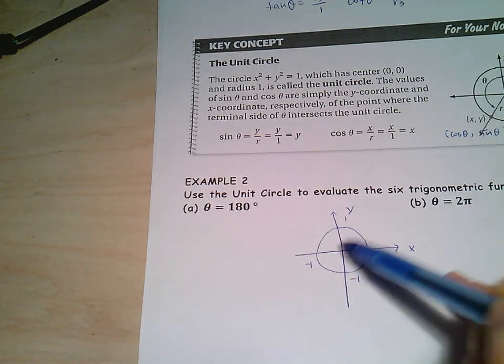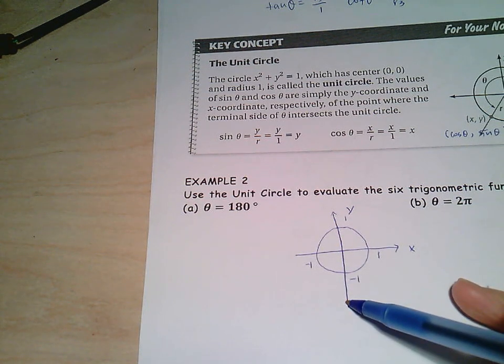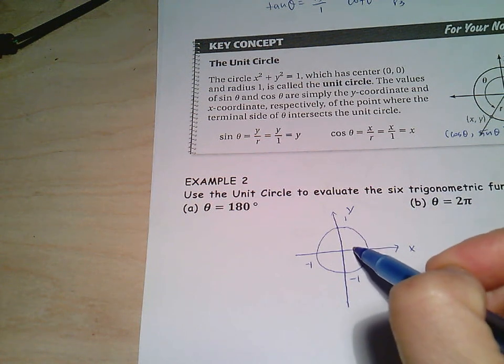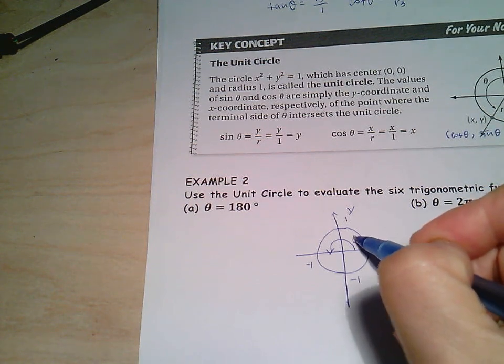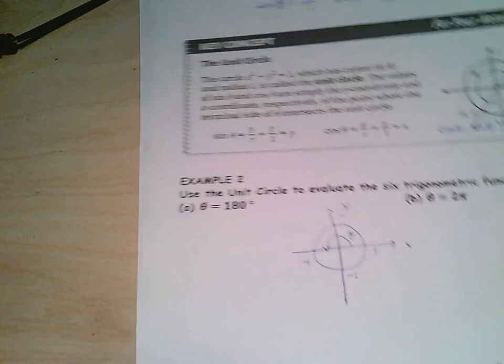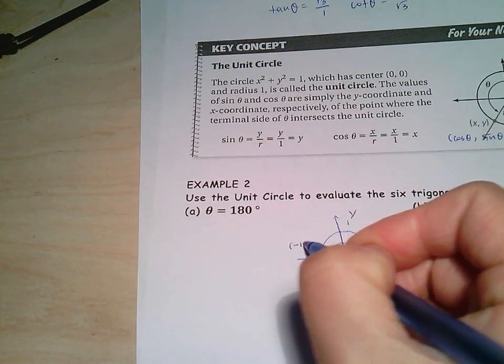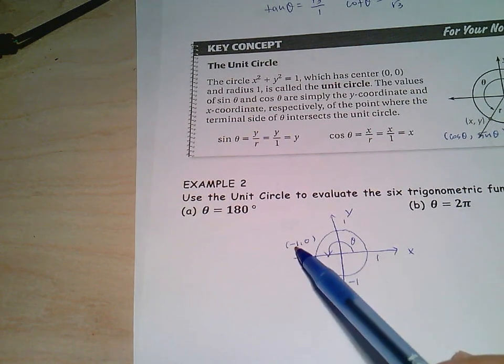We know this one is 0 degrees, 90 degrees, 180 degrees, 270 and 360 degrees, right? So 180 degrees is here. This is theta. And that coordinate is what? Isn't it (-1, 0)? Yes.